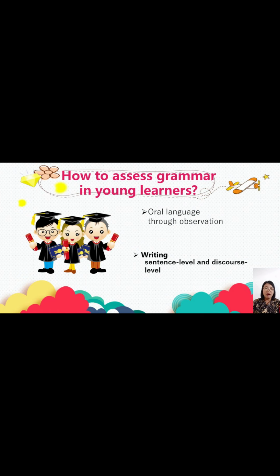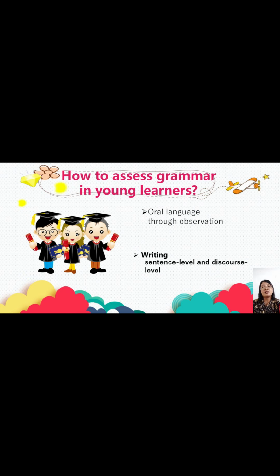A young learner's grammar can be assessed through oral language observation, involving analysis of the children's oral language as they engage in meaningful language use activities. An observation checklist helps teachers and assessors to check their grammar.